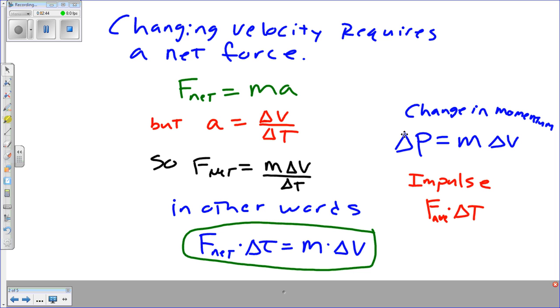Conceptually, if you apply a force for a certain amount of time, your velocity changes because there's an acceleration. The longer you apply that force, the more time your velocity has to change. And so you get a greater change in momentum because you apply the same force for a longer period of time. Okay, conceptual look at it.